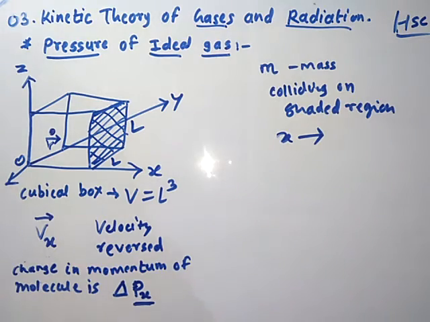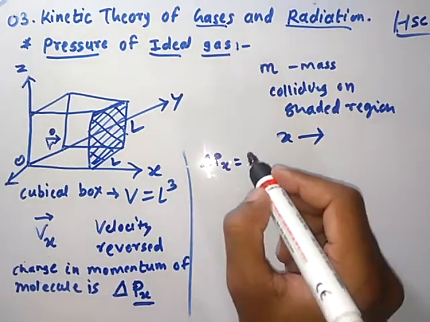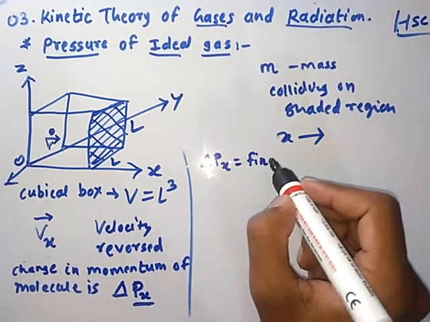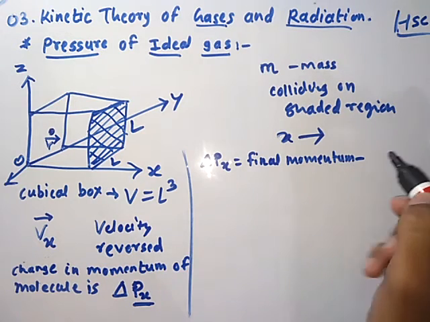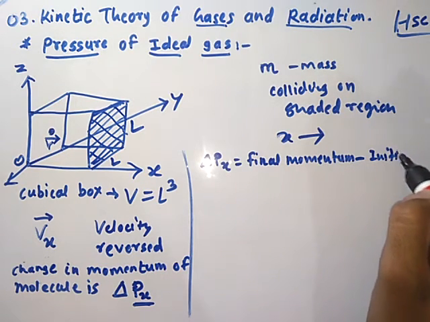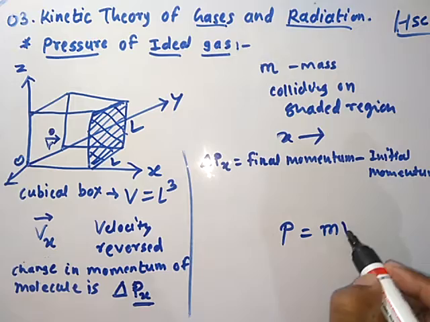So how is it calculated? See, change in momentum delta px is equal to, change means subtraction, the final momentum minus the initial momentum. The formula for momentum is p equal to mass times velocity.